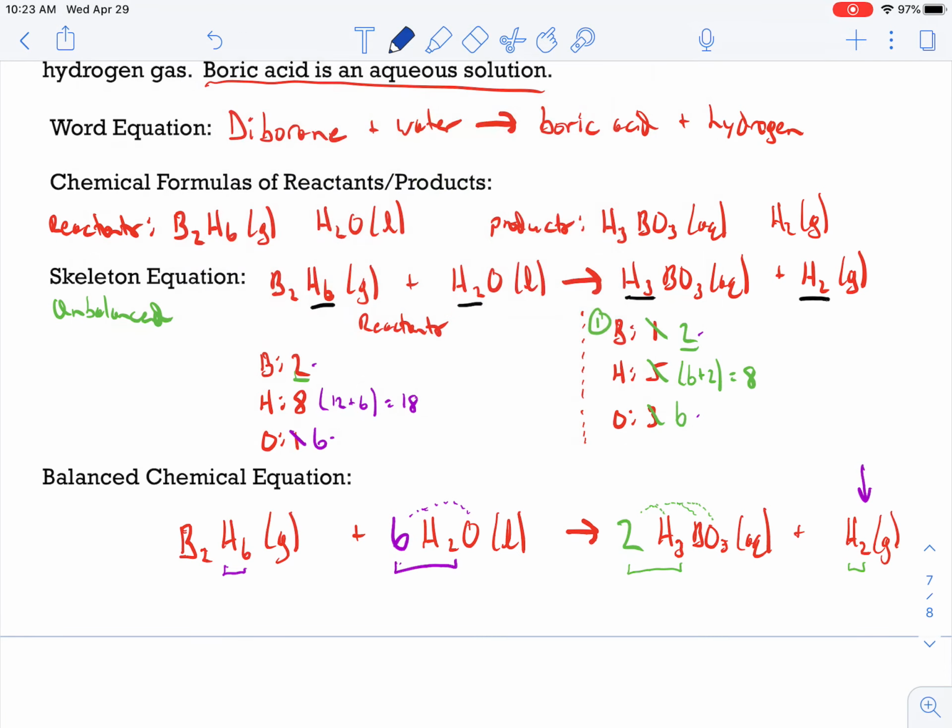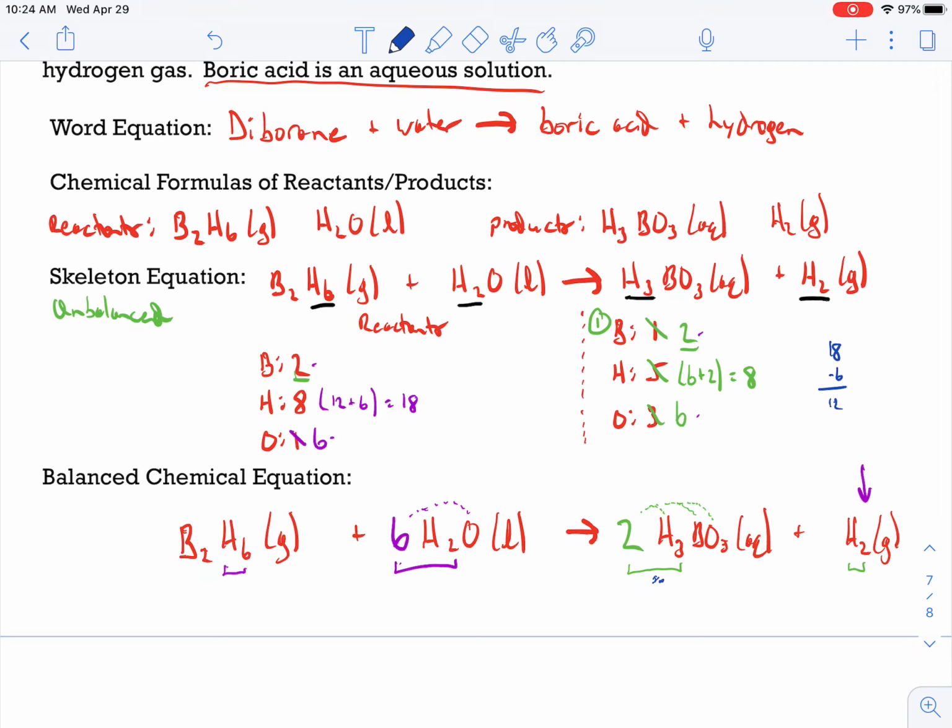So if we go in blue here, we know we need to get up to 18. Our goal is to have 18 hydrogen atoms. And looking at what we have written so far, this boric acid has 2 times 3, a total of 6. So we've already taken care of 6 hydrogen atoms. That means we have 12 hydrogen atoms left that we want to account for.